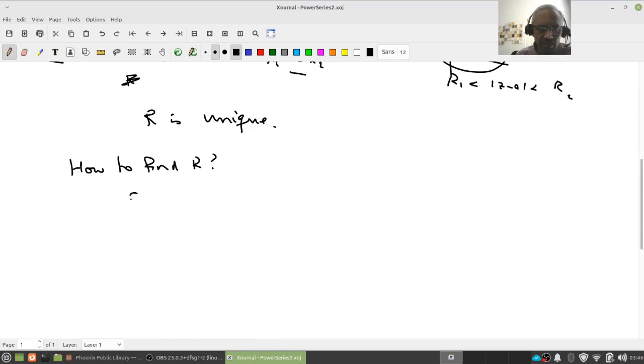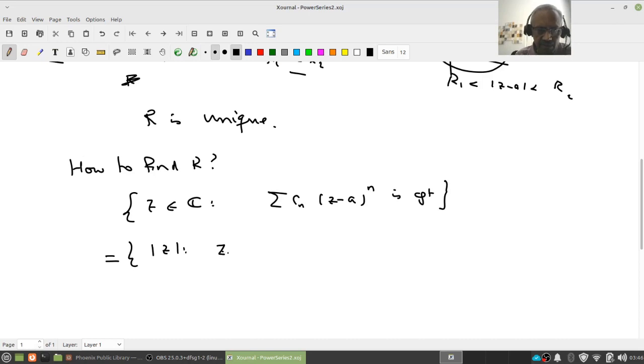So let us collect all z in C so that the power series summation Cn (z minus a) to the power n is convergent. In this, what we do is look at only this set of mod z minus a, so that z is in C and summation Cn (z minus a) to the power n is convergent.